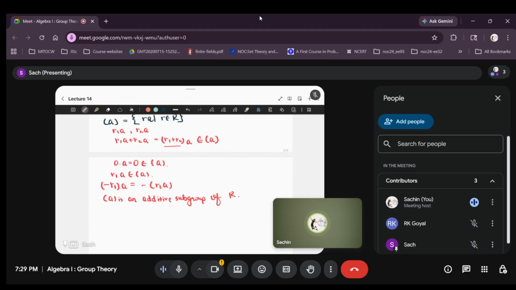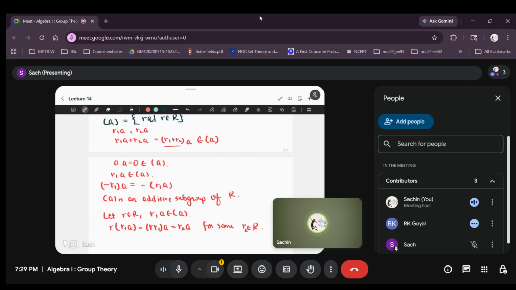Then pick any ring element R, and any element in the set. Their product R into R1A is simply equal to R into R1 into A. This is simply equal to R2A for some other ring element R2 in R by closure. R into R1 is also a ring element because the ring is closed under multiplication.